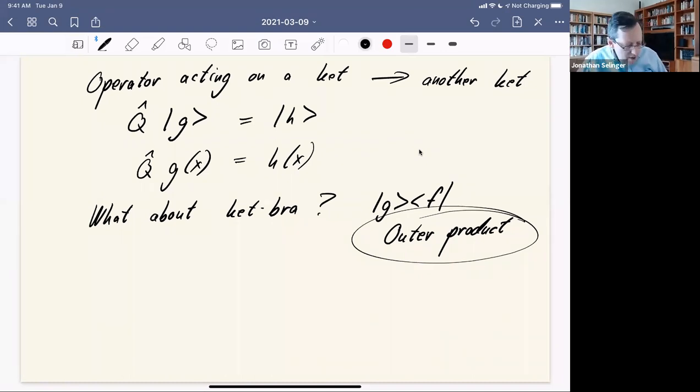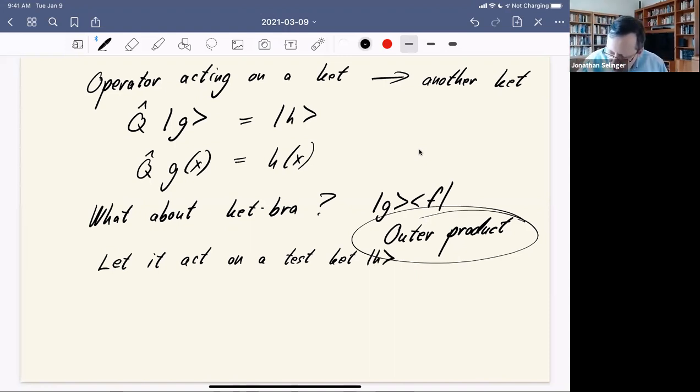And if we want to know what sort of object this is, we could let it act on a test ket. So our test ket, let's call it H, for example.